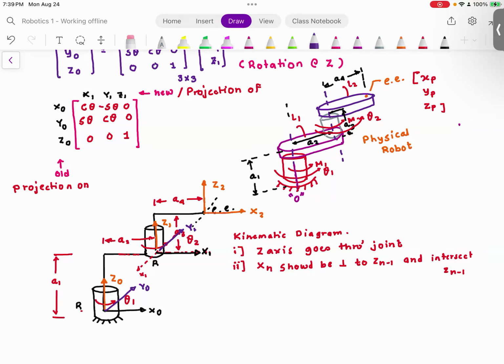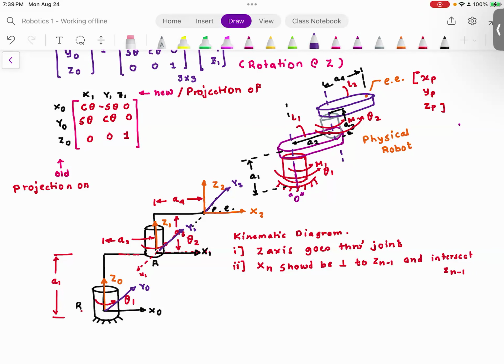Can you see my Y2 is also going in the board? So I have X1, Y1, X2, Y2, X and Z1, Z2. So my coordinate system, my frames are set up. Any questions about the frame?